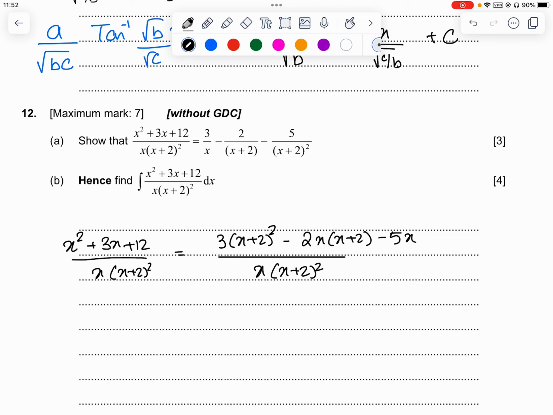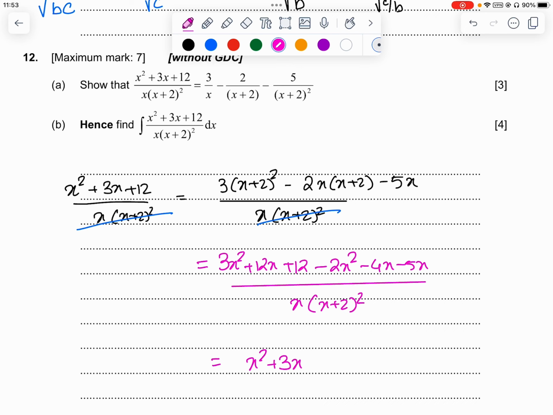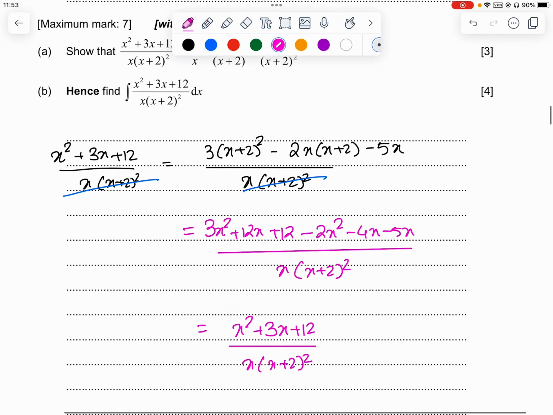Then x times (x plus 2), x times (x plus 2) whole square cancels. They are equal. Now I have to simplify this one. So what does that become? 3x square, I'm directly writing, plus 12x plus 12 minus 2x square minus 4x minus 5x upon, instead of cancelling, I can keep x times (x plus 2) whole square. So you can clearly see that it is x square plus 3x plus 12 upon x times (x plus 2) whole square. I have proved it.